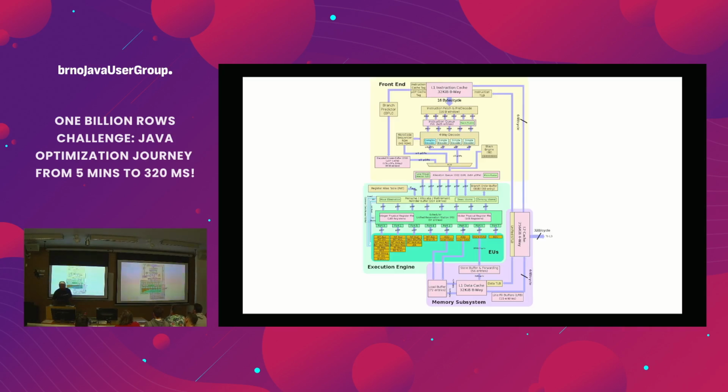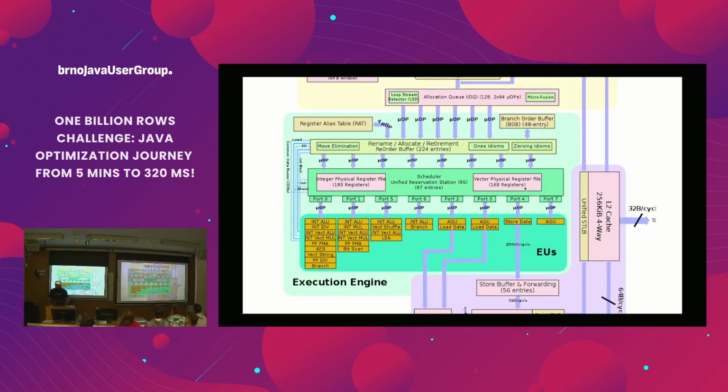One reason why they are fast: this is a Skylake CPU, I think, which is almost 10 years old now. If you zoom into this part, which is called the backend, you can see there is a scheduler and a bunch of execution units. There are different types of execution units, and int ALU means integer arithmetical logical units, basically things like summing, right?